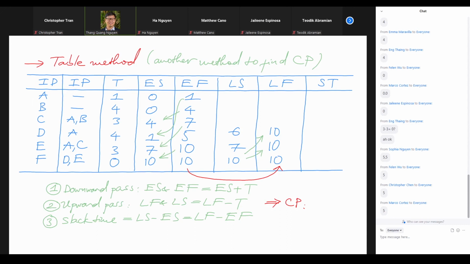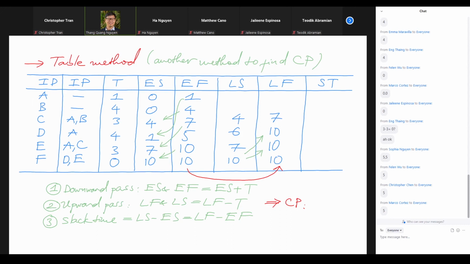So now let's go back. So that is for D. Now let's go back to C, right? One more time, we have to ask ourselves, where does C go to? C goes to E. So before we start E at 7, we have to finish C by 7, right? And then we backtrack by 3 weeks, and we have 4 right here.